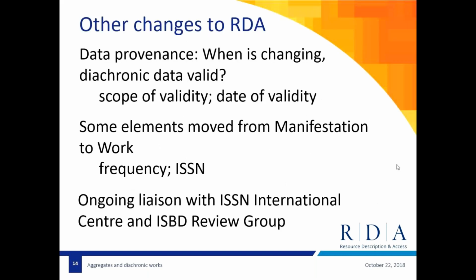Other things that accompany a change over time are, well, when is the data valid? What happens if the title changes? First 5 words rule. Or what happens if the editor of the serial changes? What happens if the name of the publisher changes?